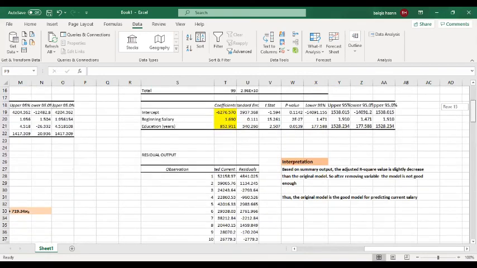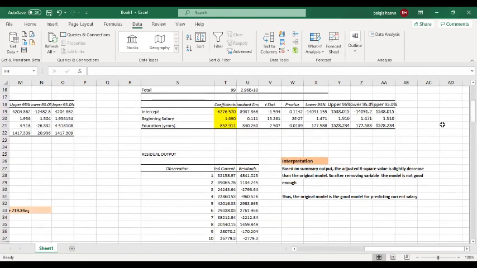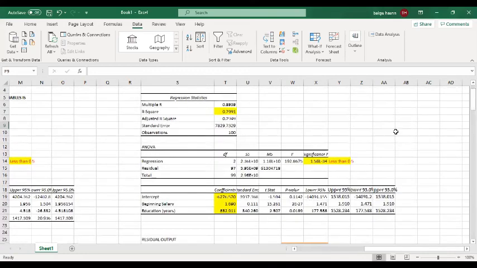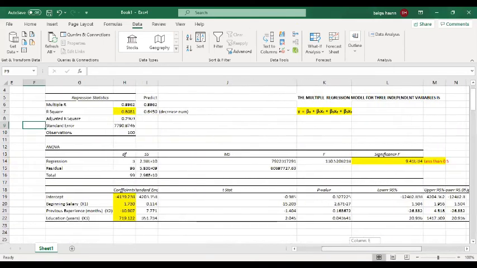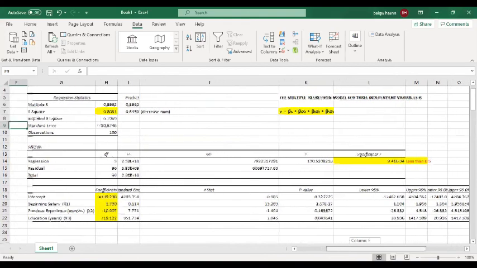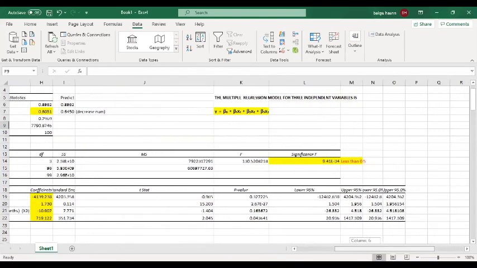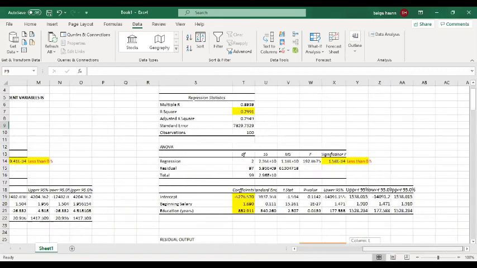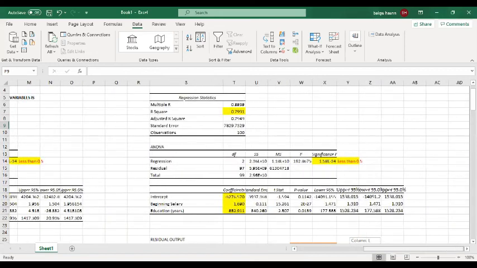From the output, I already observed that the adjusted R-square value is slightly decreased compared to the previous model. As we can see, the R-square of this second model is 0.7991, and the original model's R-square is 0.8031. So the R-square for the second model is slightly decreased compared to the previous model.